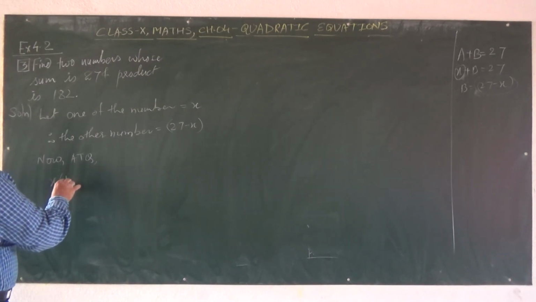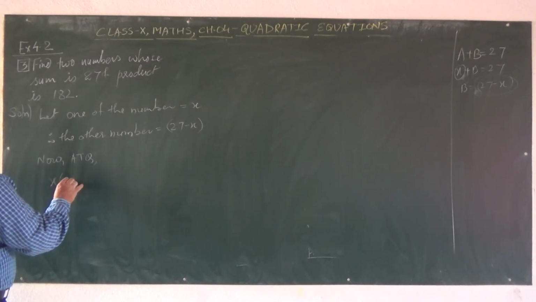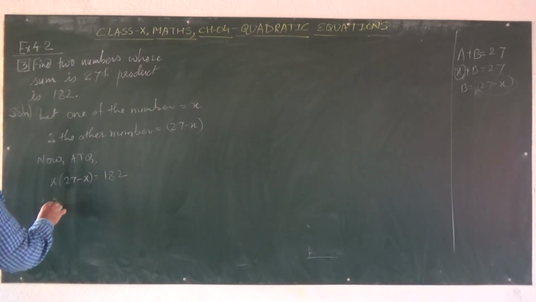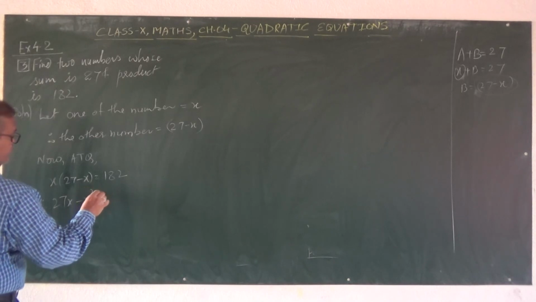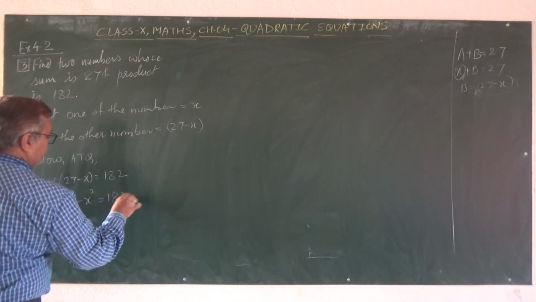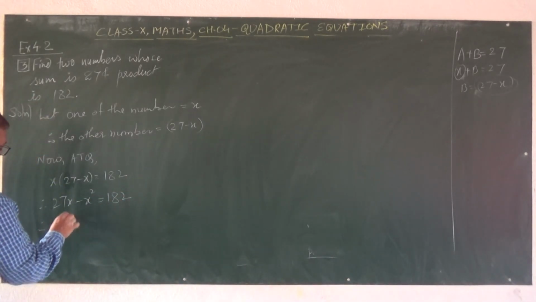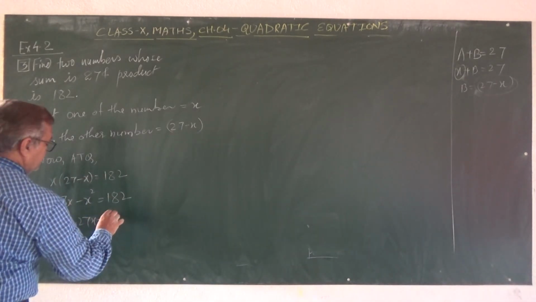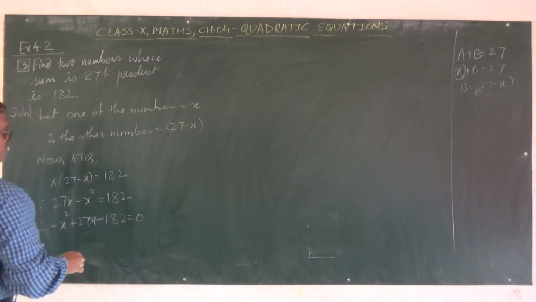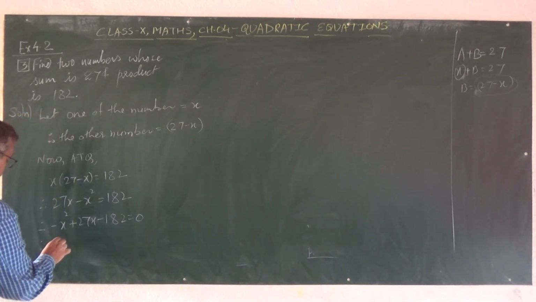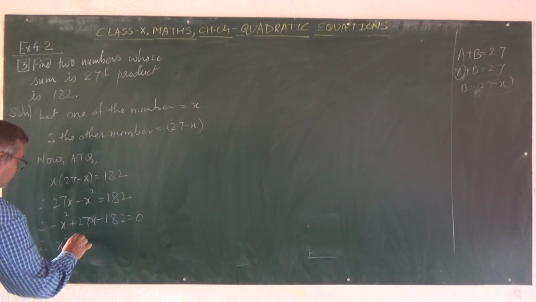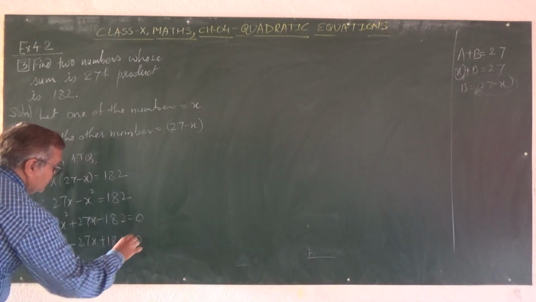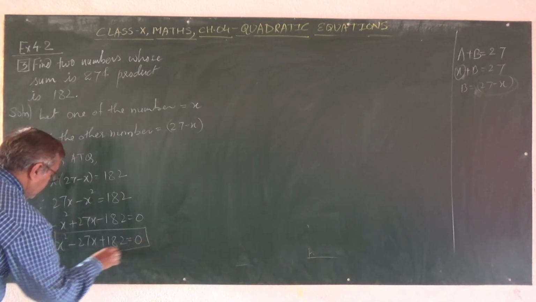So x into 27 minus x is 182. So minus x square plus 27x, take 182 this side, minus 182 is equal to 0. So therefore x square minus 27x plus 182 is equal to 0. We got our quadratic equation.